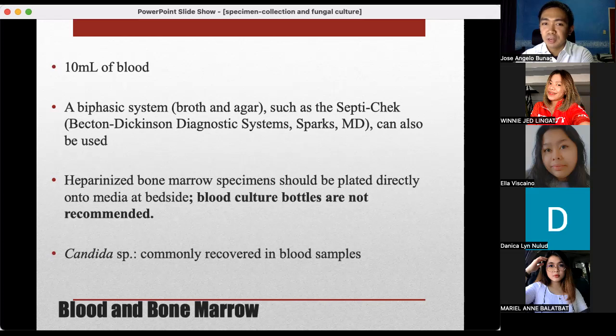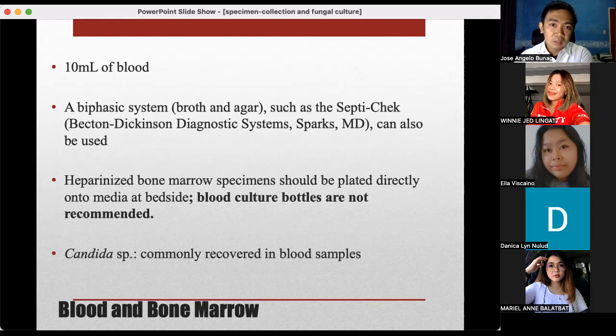Mas better na yung mga isolator tubes natin, na yung mga biphasic media. But if wala po tayong choice, ito lang yung available na sample natin or way for us to culture, you could use culture media. But then again, this is not recommended, yung mga blood culture tubes na.